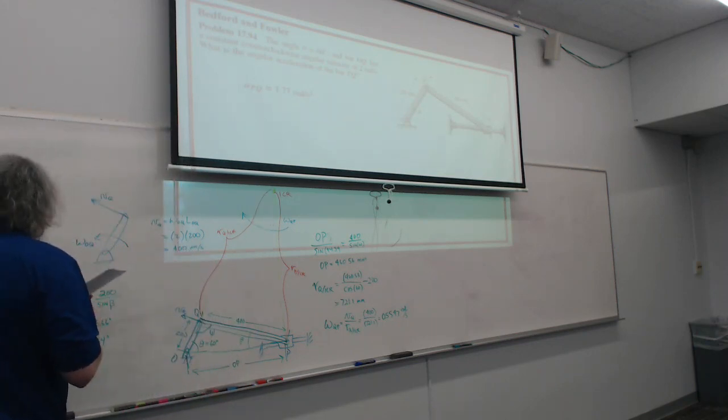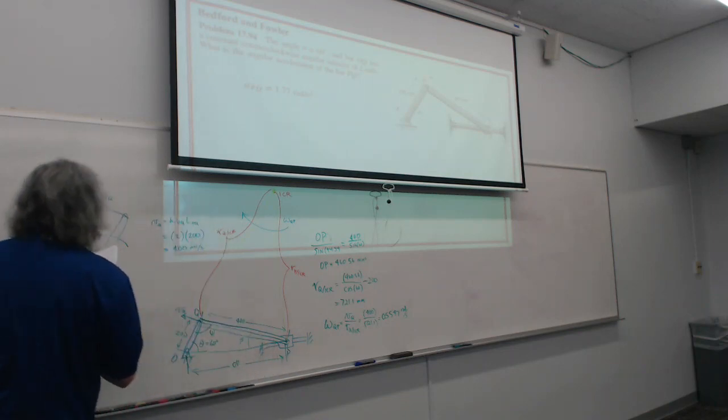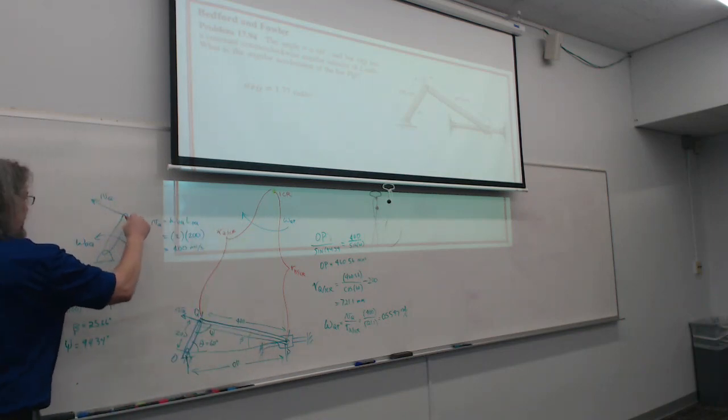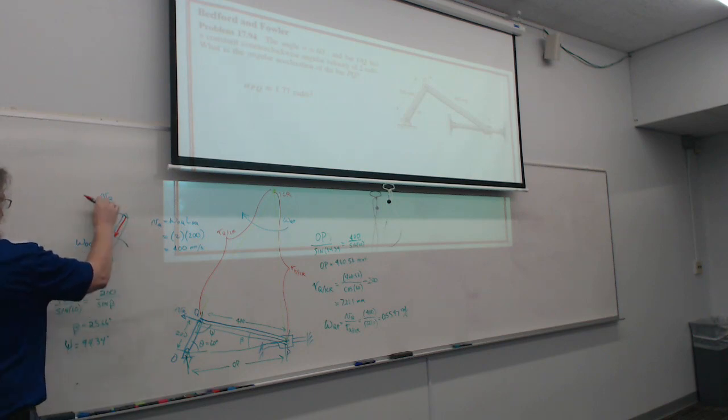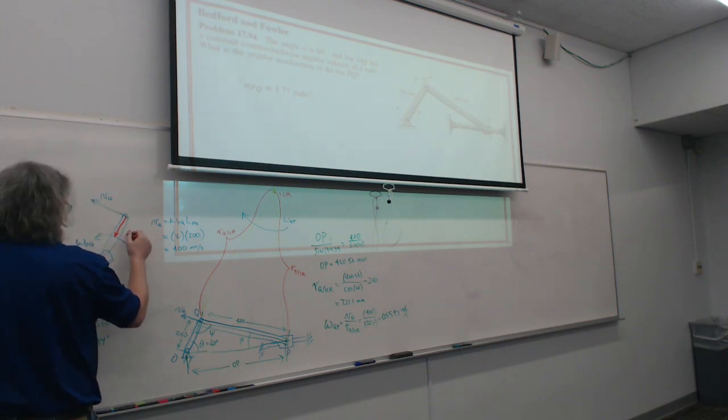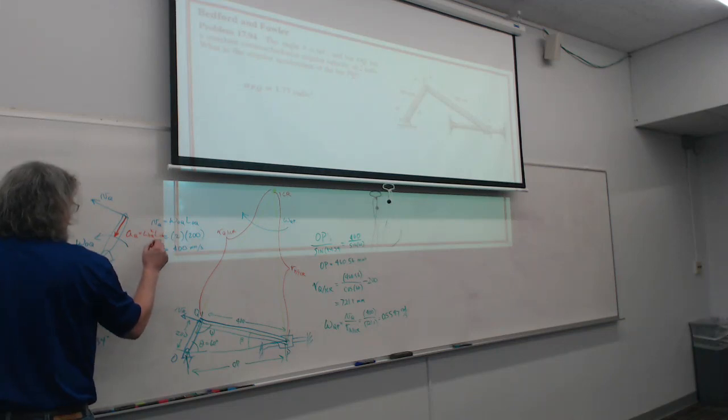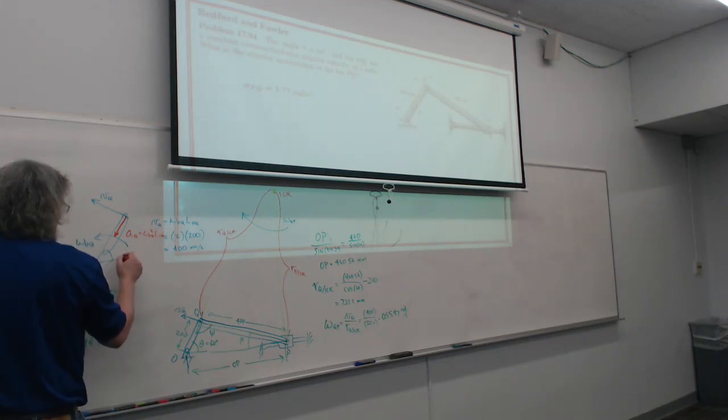So we proceed with, we could have done this before, but this was a constant velocity, so even though it's not going to have a tangential component, it is going to have an acceleration at Q. It's going to be the omega OQ squared times L OQ. So, well, I guess I need to give myself some space.